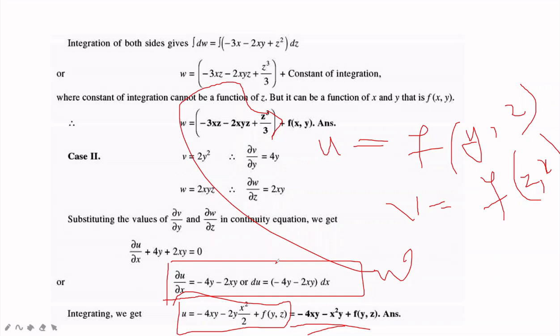So the constant of integration will be in the other two mutually perpendicular directions. If u, then yz; if v, then xz; if w, then x and y.